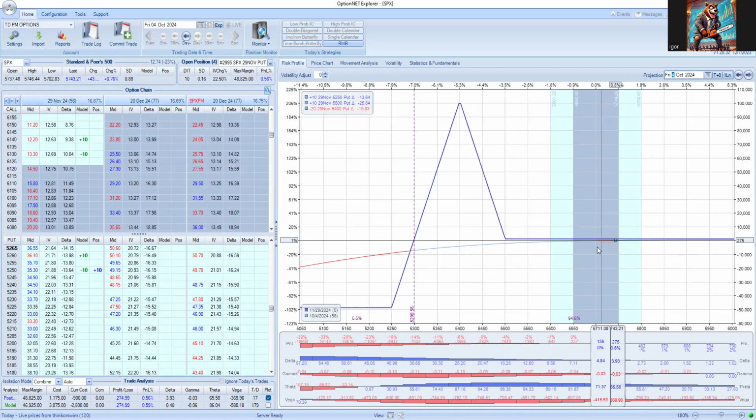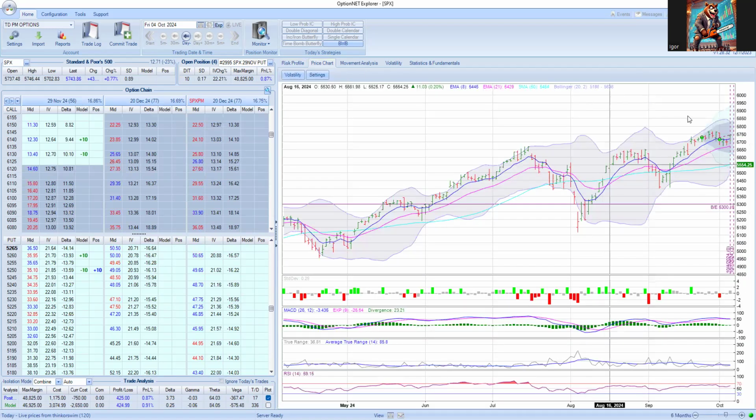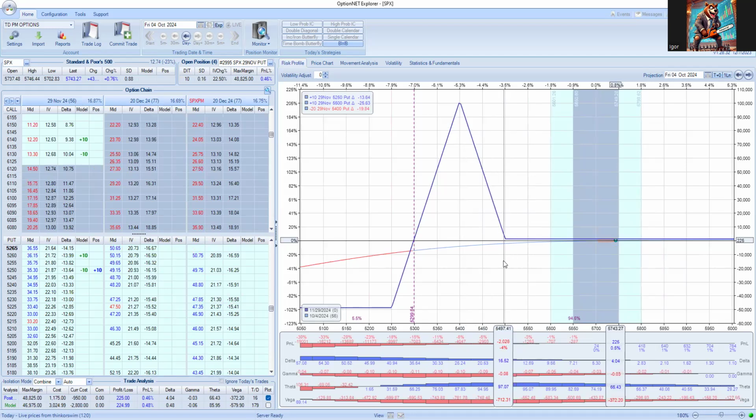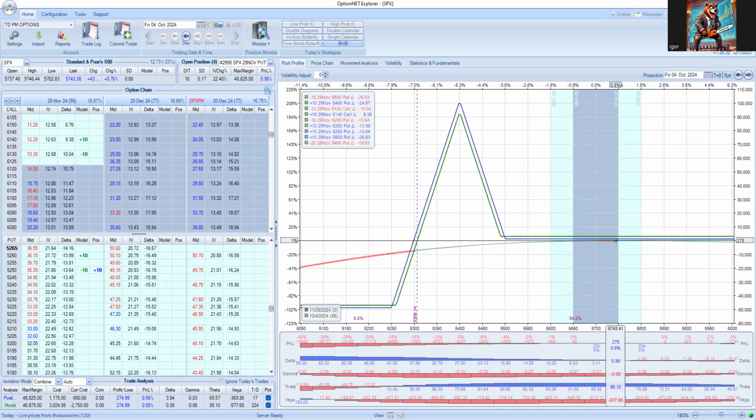But if the market is just sliding downwards and we think the market is just pulling back, maybe we're coming down to some key moving average, or we're looking for potential support around some level where we found buyers before, just to slow things down a little bit, what we can do, instead of doing all these adjustments where we're collecting a credit to raise our tail profit to the right of the structure, is fix this on the downside.